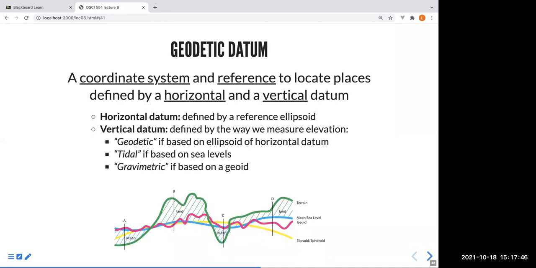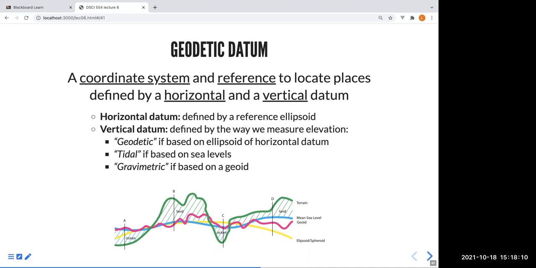Now, in order to define elevation, it's a little bit more complicated than that, because there is no such thing as a mean elevation. And people use different references. So you can either base it on the ellipsoid.